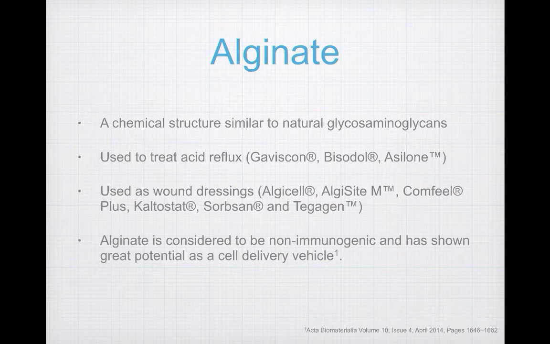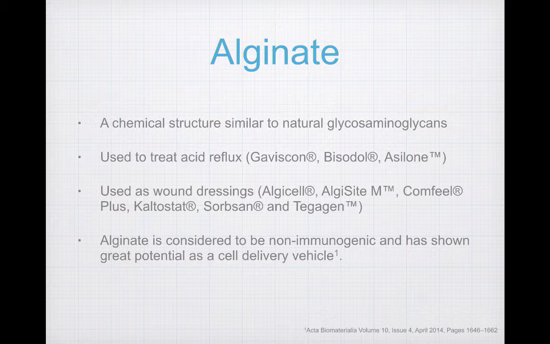Now, alginate, this is the same material we've studied in our previous labs. It has a similar structure actually to the GAGs in your body. And it already is used in medicine clinically, for instance, to treat acid reflux, and it's used as wound dressings. And also on the research side of things, alginate is widely studied in tissue engineering, as it has been established to be non-immunogenic.